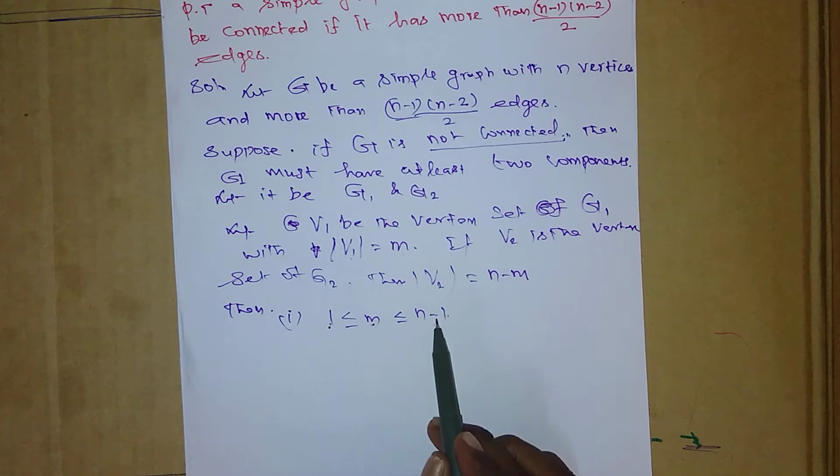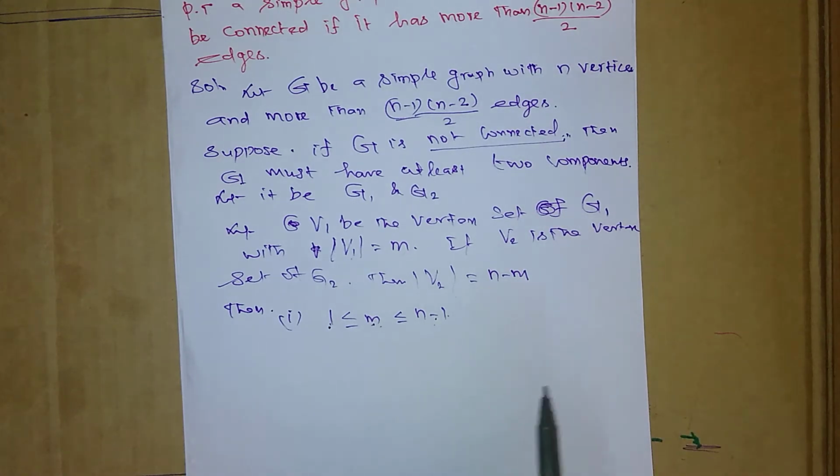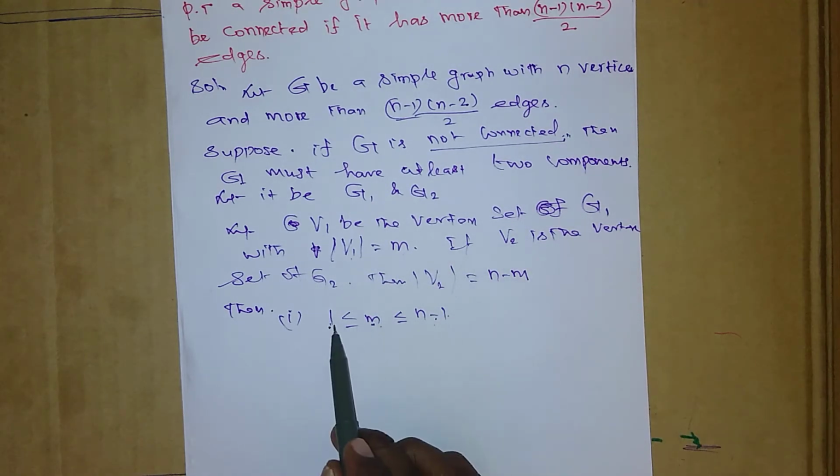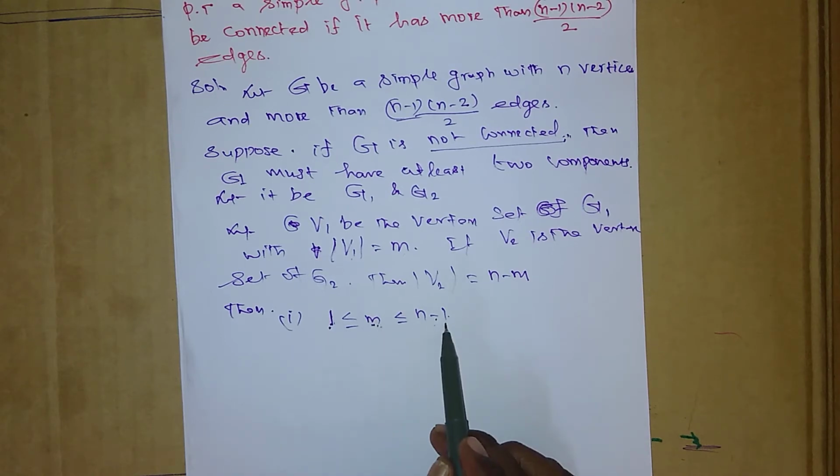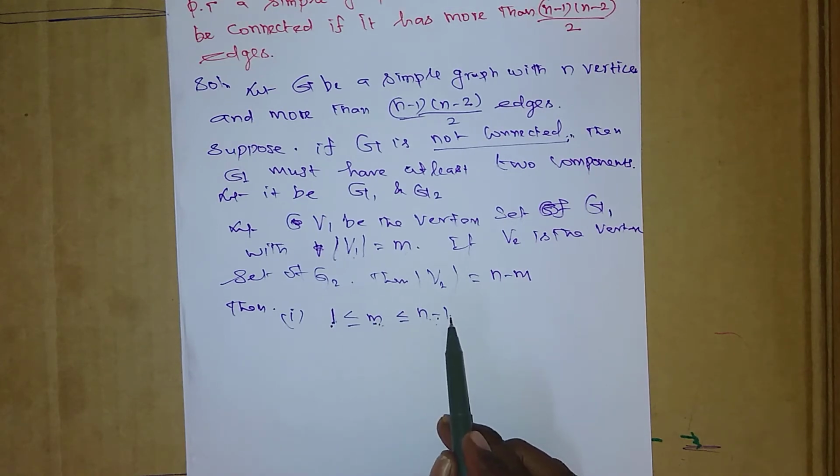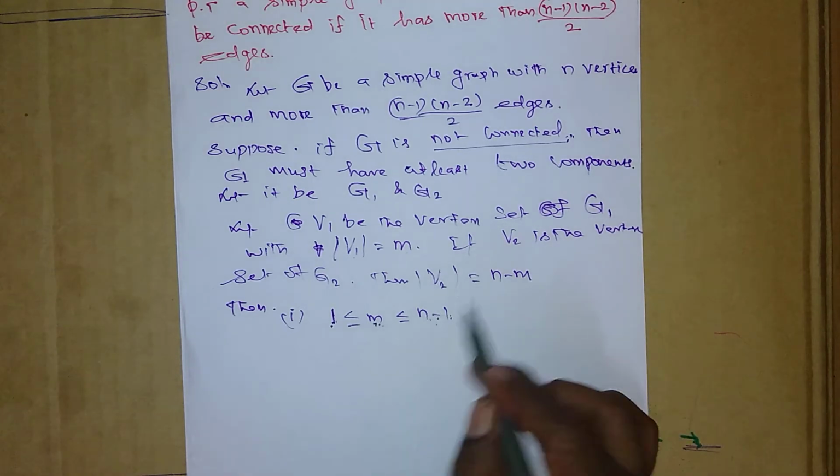If m is equal to n, again there is no component; G1 and G2 become a single graph. Therefore, at least one vertex in V1, or at most n minus 1 vertices in V1, and the remaining vertices in V2.